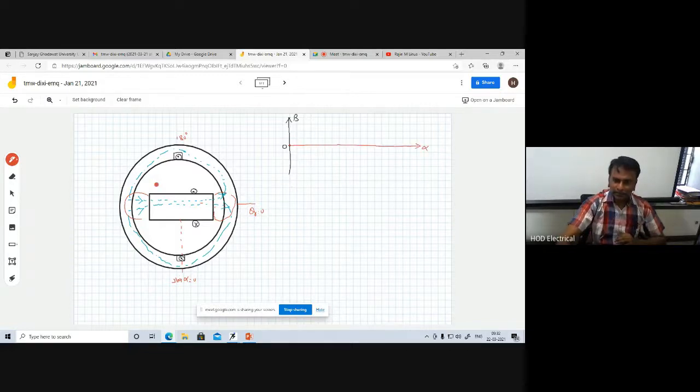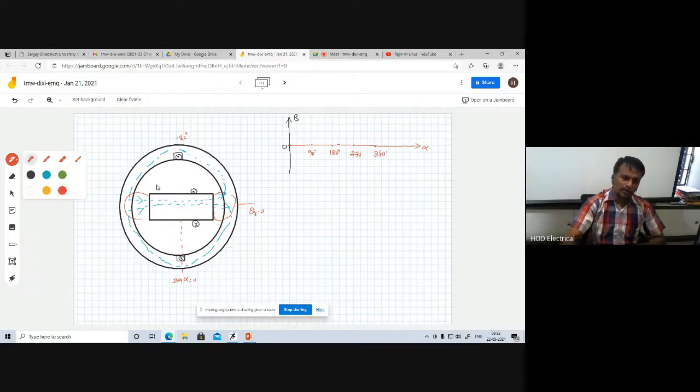Now let me distribute it equally. This is the case of 90 degrees, then 180 degrees, then 270 degrees, and after that this is our 360 degrees.